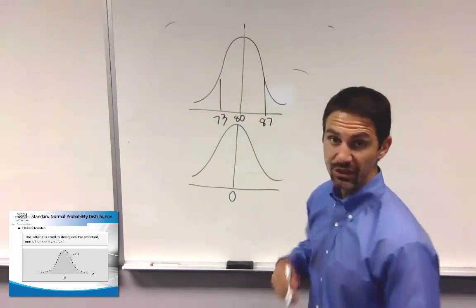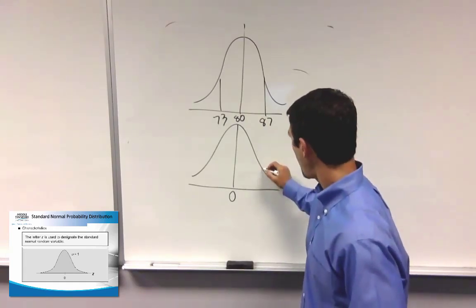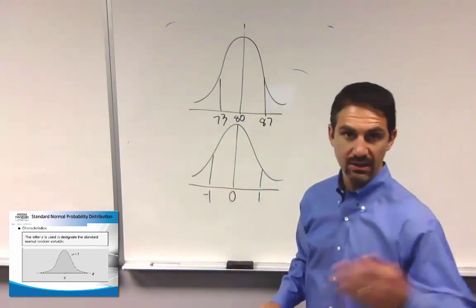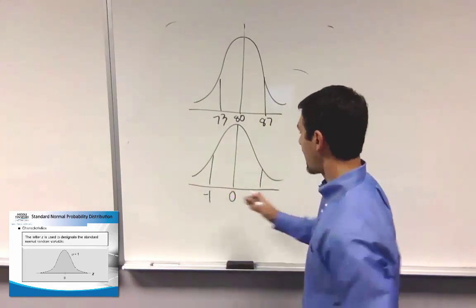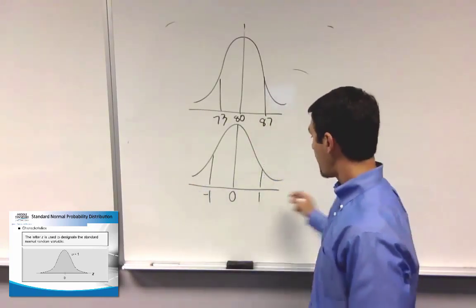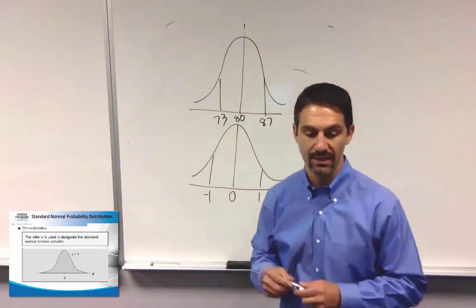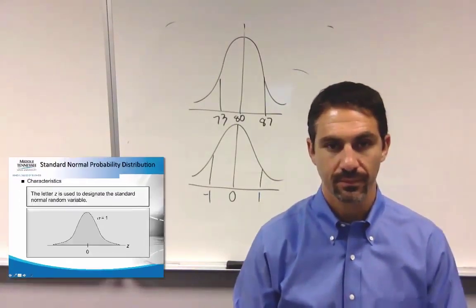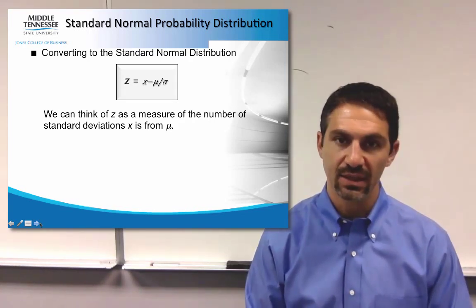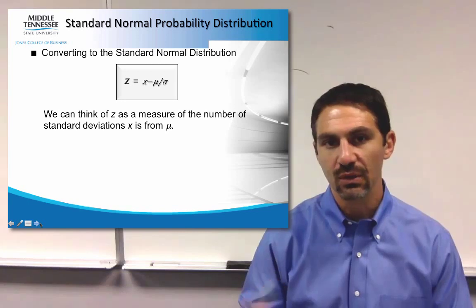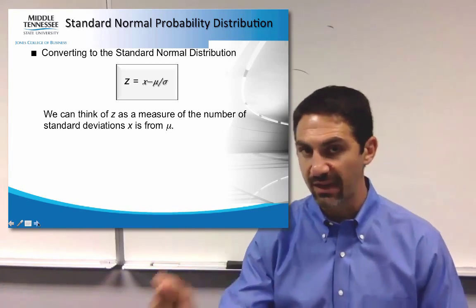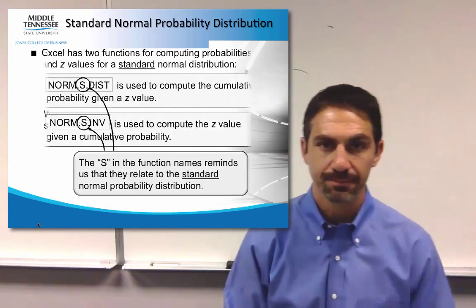Again, if you do that calculation, it should work out that way. At 1, at -1 standard deviations from the mean, and so on out. So that's kind of how it goes. It goes out to negative infinity on the left side, positive infinity on the right side. So again, coming up with that z-score is nothing more than x minus mu divided by standard deviation, and it always gives you the number of standard deviations from the mean.